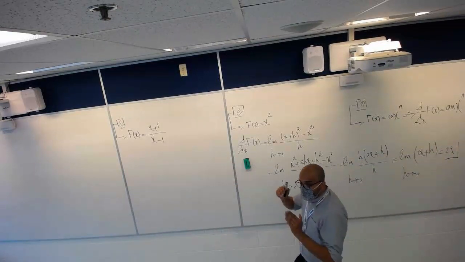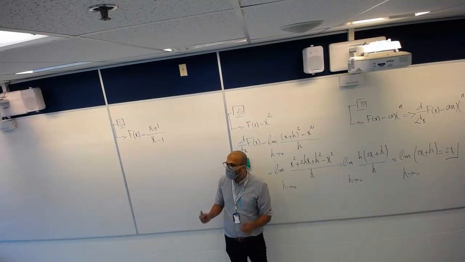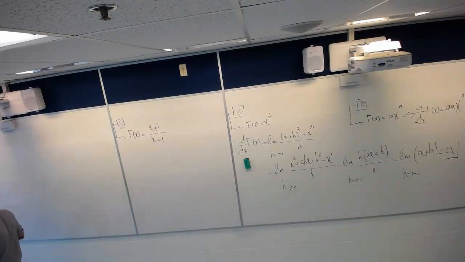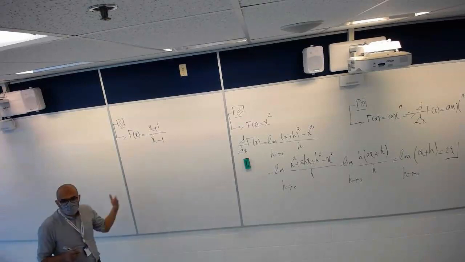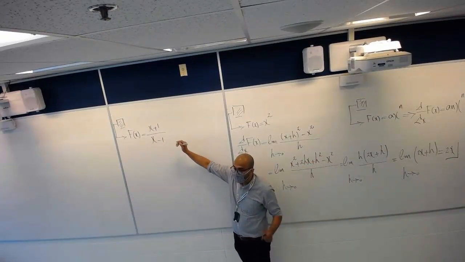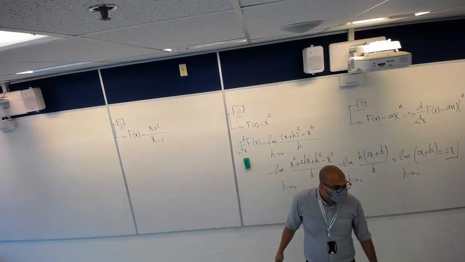Now, the thing which I want to do is, yes, guys, please, everyone, listen. It is a very important example that we do today. If you do not learn it, I'm sure it means that you know it by yourself. Okay, I give you this function, x plus 1 over x minus 1.